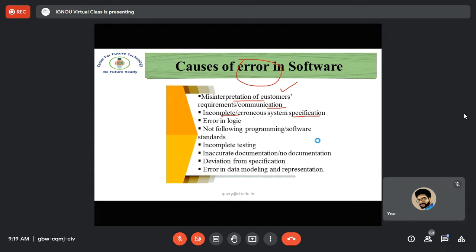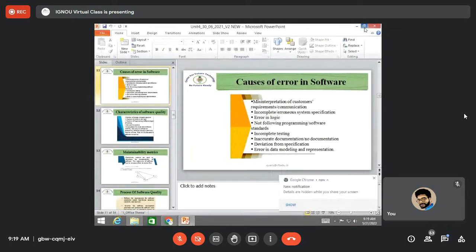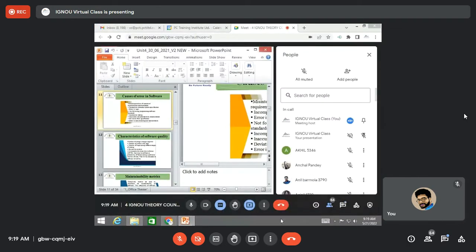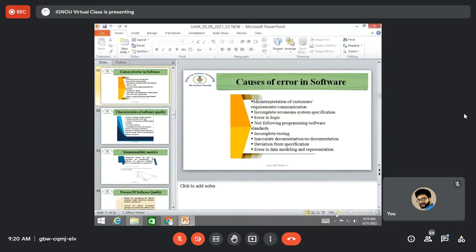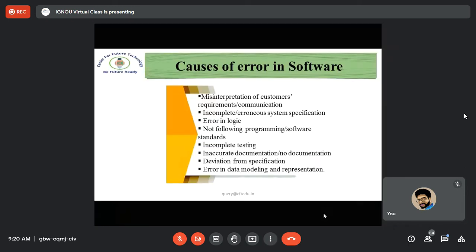Sometimes even the things I have been told, I have recorded in error. I am supposed to write, let's say, 8.9, but I have written 9.8. That kind of buggy statement can lead to an erroneous system specification. There could also be other causes of error, such as an error in the logic that I applied in the implementation of that particular thing. That could again lead to errors in my software.